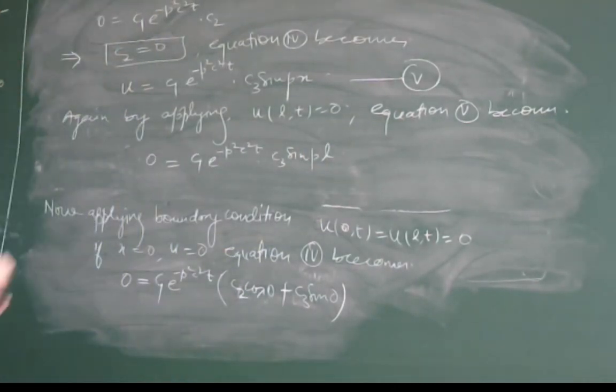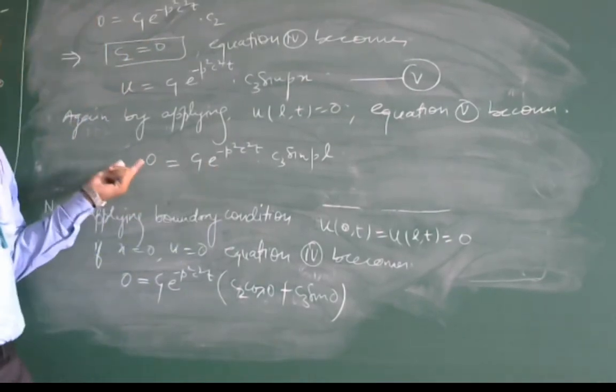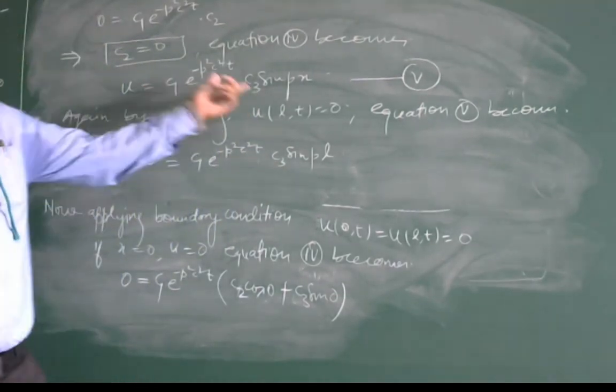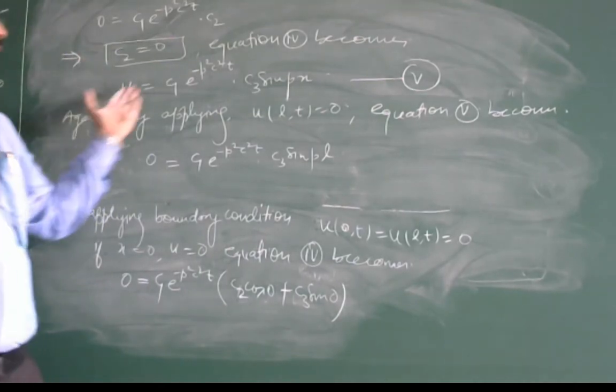Okay students, c1 cannot be 0 and c3 cannot be 0, otherwise the whole solution becomes 0.